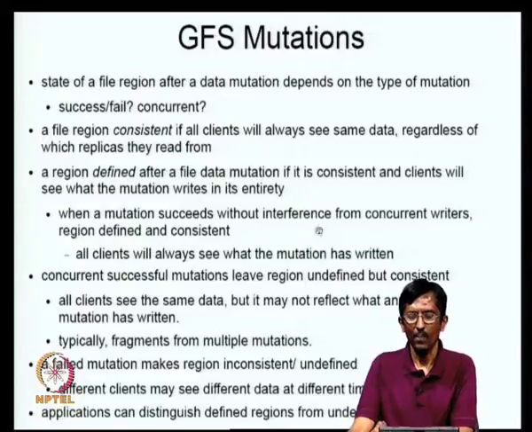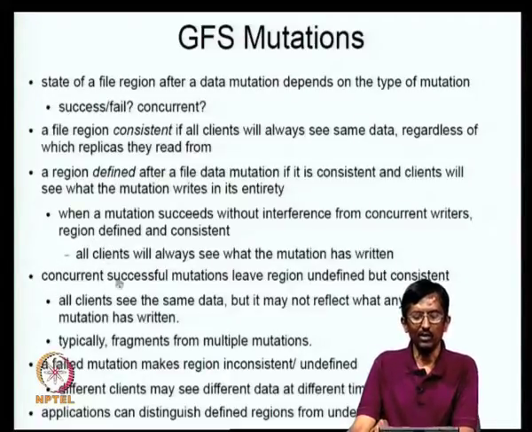So for example, when a mutation succeeds without interference from concurrent writers, the region is defined and consistent. Clients see the mutation's write in its entirety, without any breaks. Whereas concurrent successful mutations leave the region undefined but consistent.